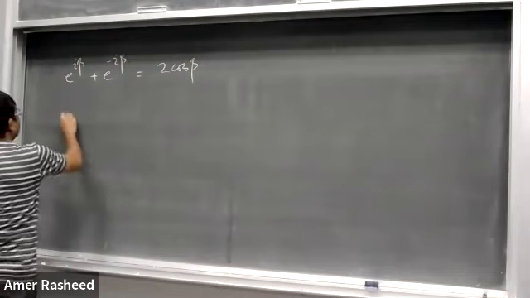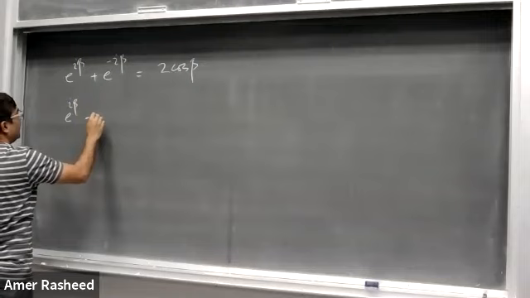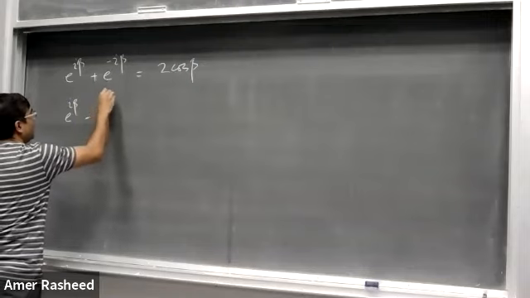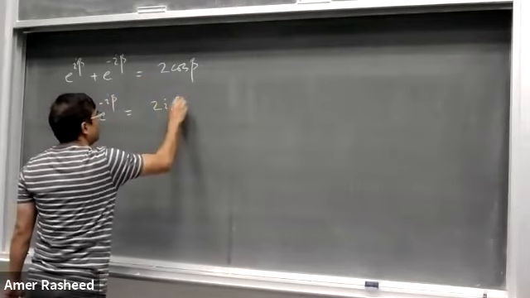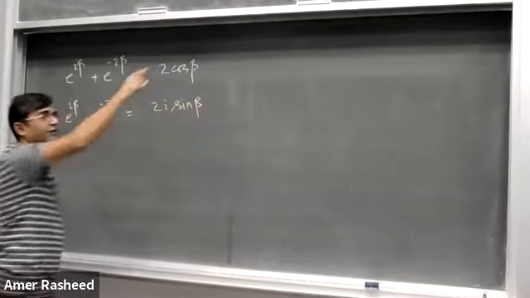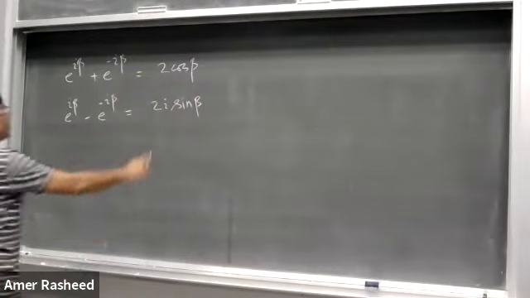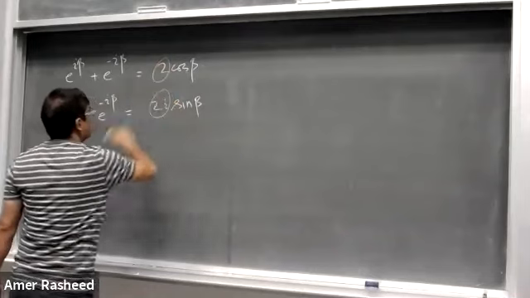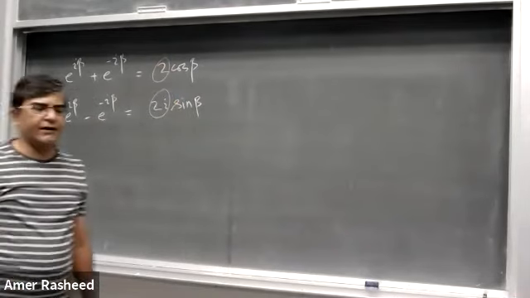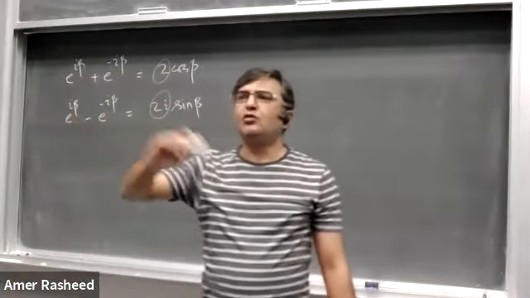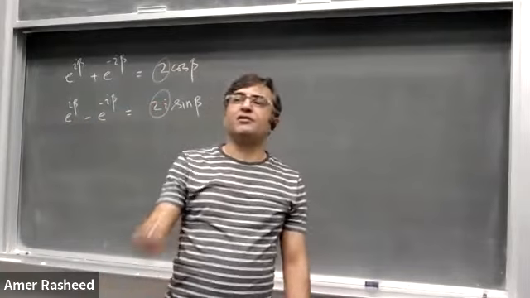Now, if we subtract, e raised power iota beta minus e raised power minus iota beta, similarly we obtain 2 iota sine of beta. This 2 and this 2 iota we can leave, because these constants will go into the arbitrary constants of the solution.